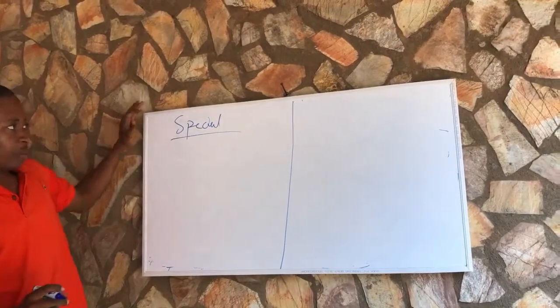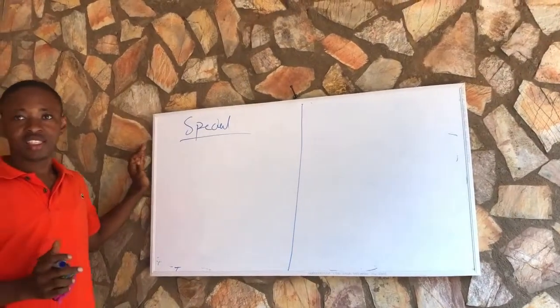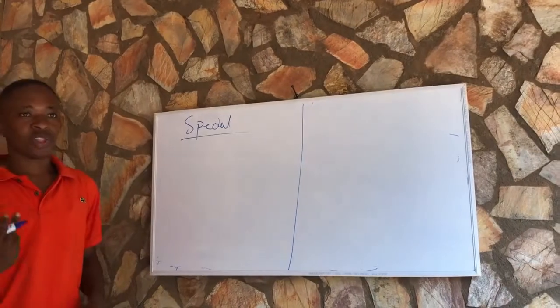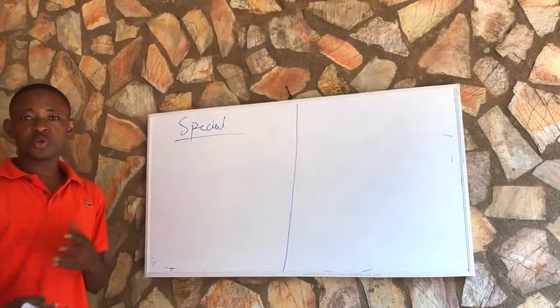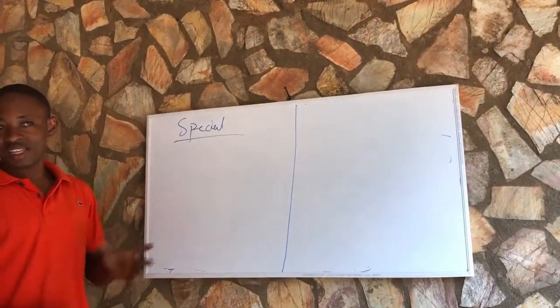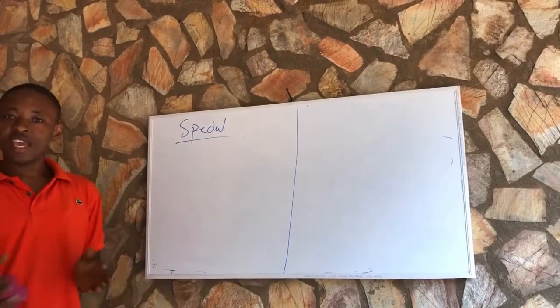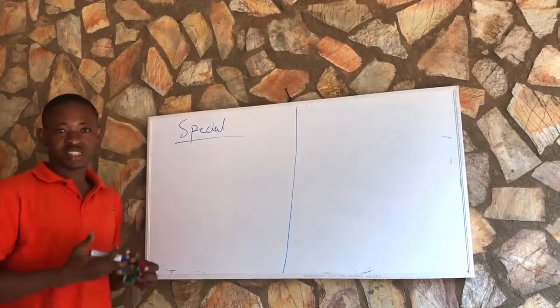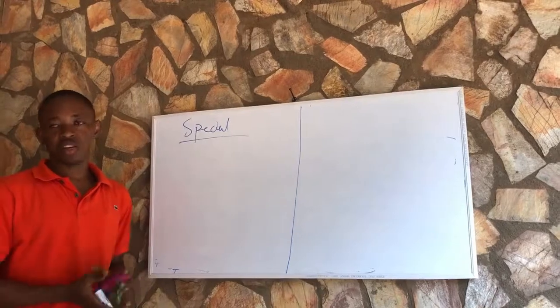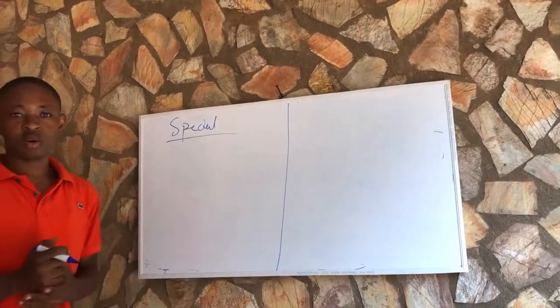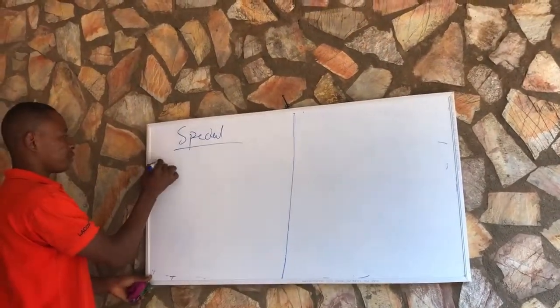These are special because they are sets that we use a lot in mathematics. Anywhere in maths you come across this type of sets, they are used in all forms of mathematics and calculations.